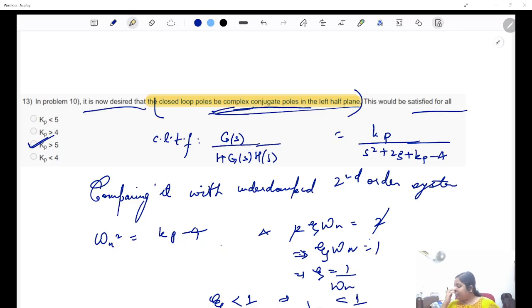Even if you don't realize just by poles in LHP, you should see that there is conjugate pole coming in. Why would this come? If this is coming in, there is some hint hidden in this, right? I hope this is clear. Let's move to the next question.